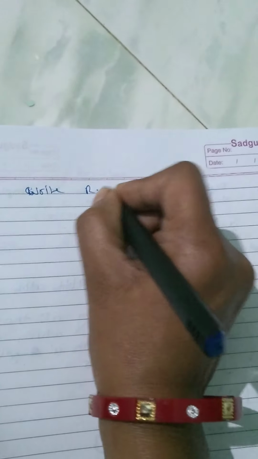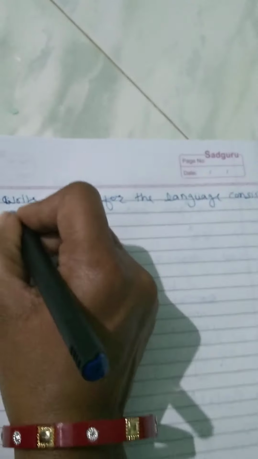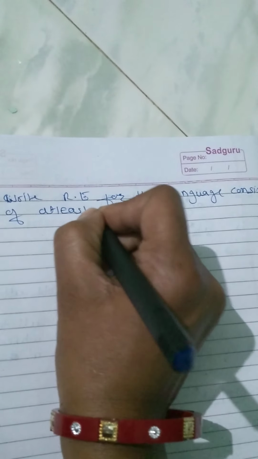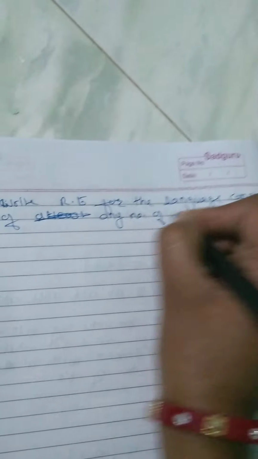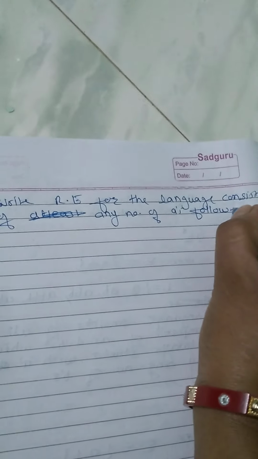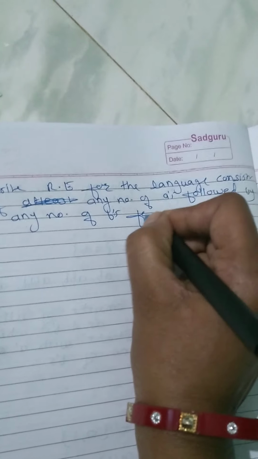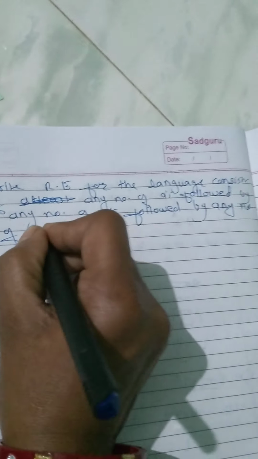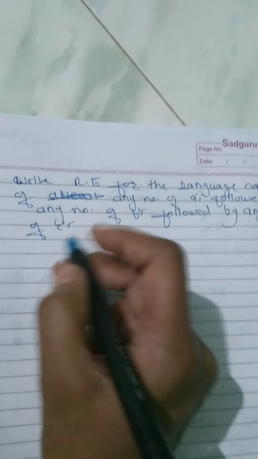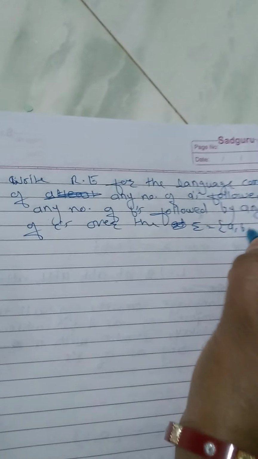Write a regular expression for the language consisting of any number of A's followed by any number of B's followed by any number of C's, over the alphabet {A, B, C}.